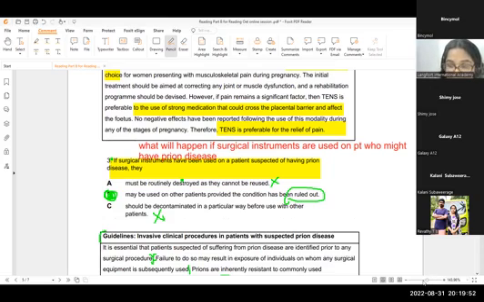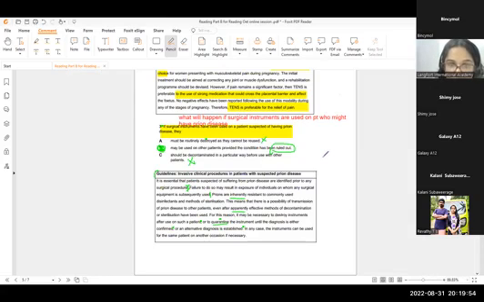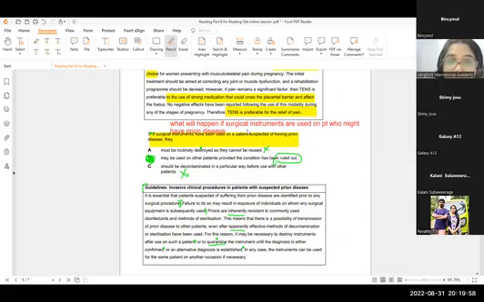Take a second, go through it, have a look at why B is the answer. Ruled out means exclude. Once you have excluded that the person has prion disease, the device can be used on other persons, right? That's why they've told it can be quarantined.